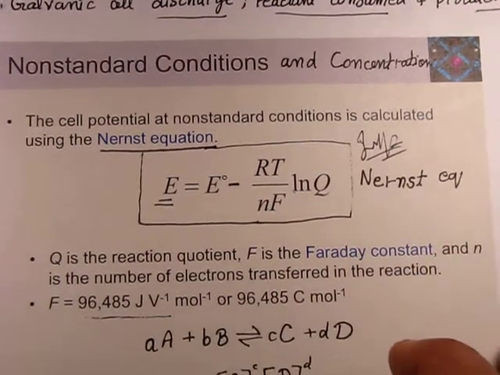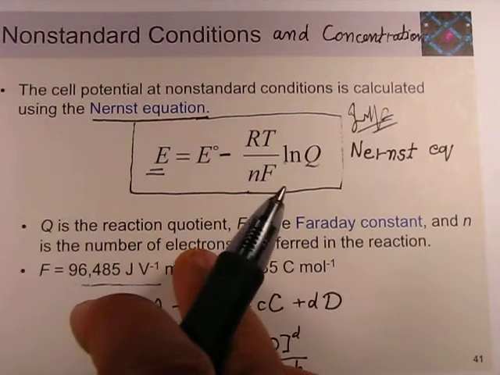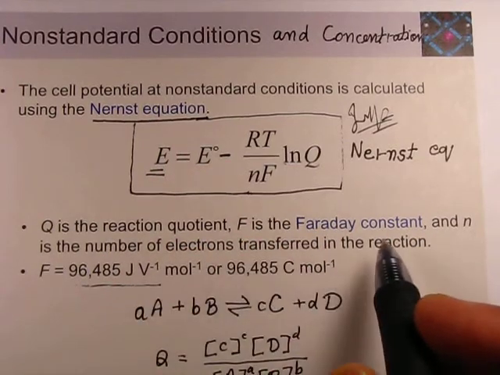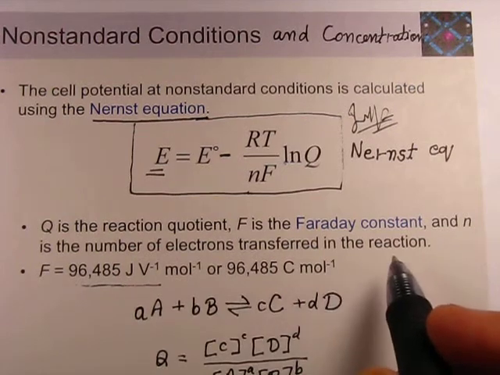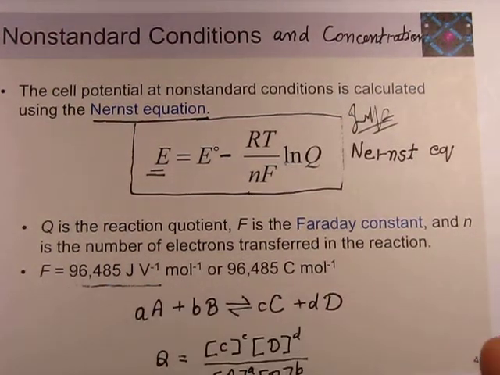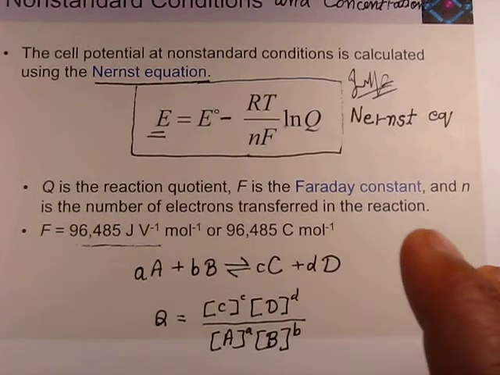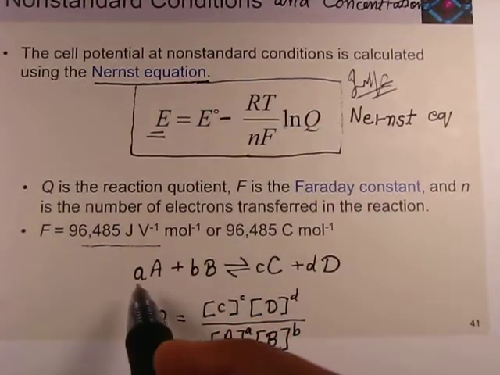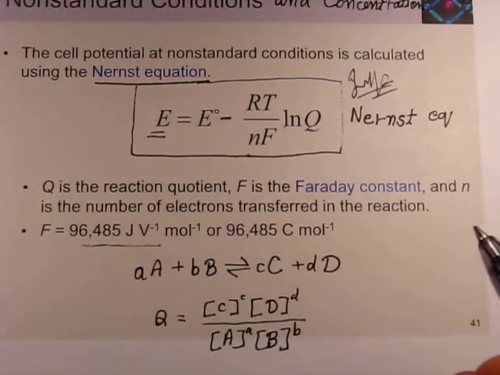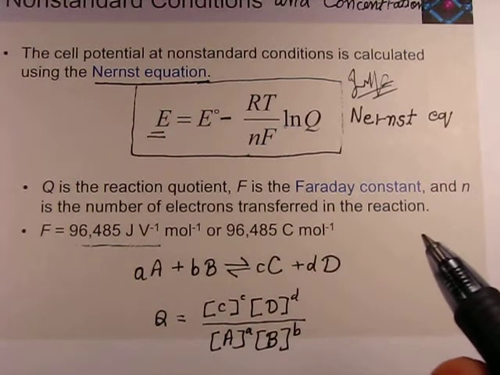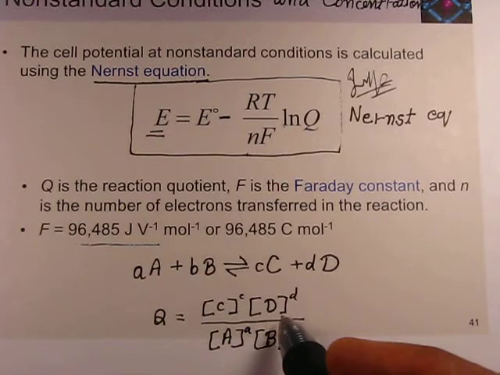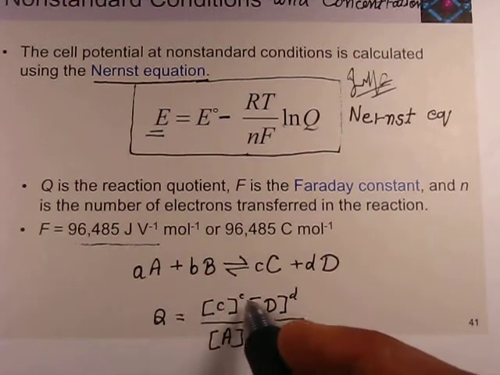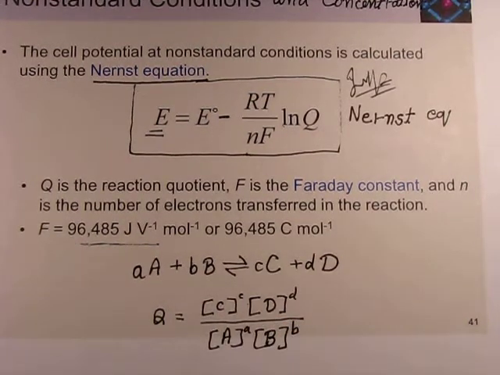You have to memorize this one, where Q is the reaction quotient, F is the Faraday constant, and small n is the number of electrons transferred in the reaction. And how are we going to calculate Q? Q we can calculate just like we calculate the equilibrium constant: product concentration divided by reactant concentration.